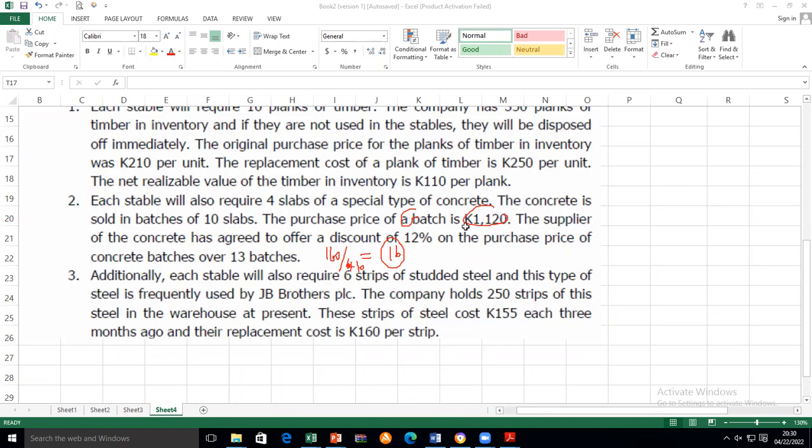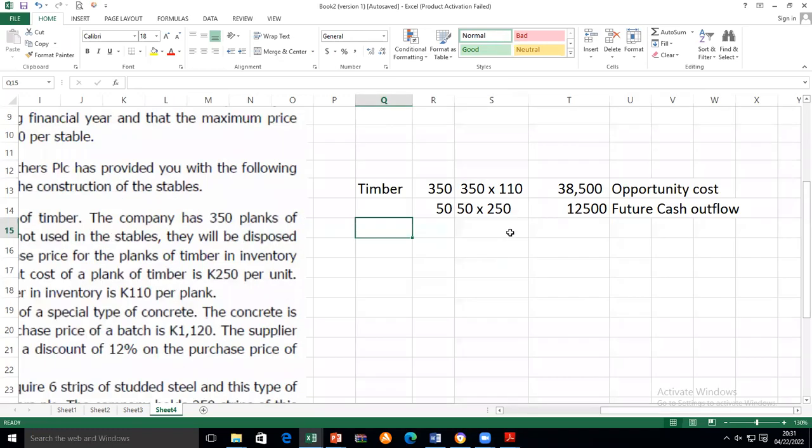The supplier has agreed to offer a discount of 12% on the purchase price of concrete batches over 13 batches. So how much are we going to pay ourselves? Tell me now what we are going to do.